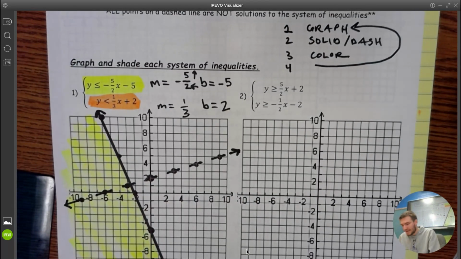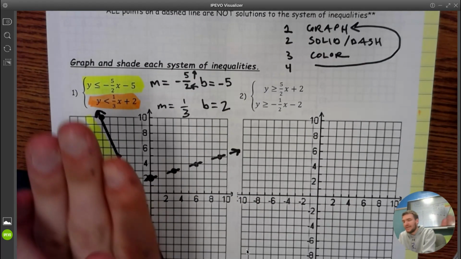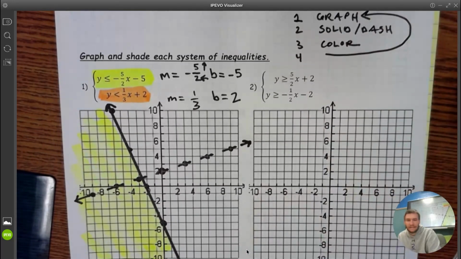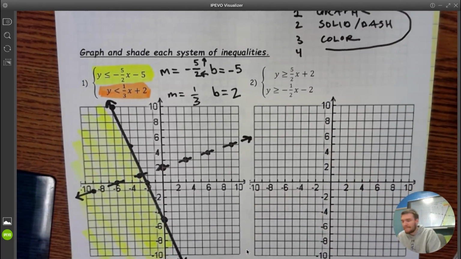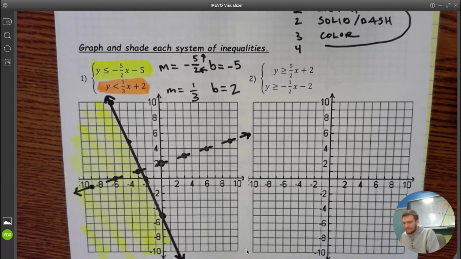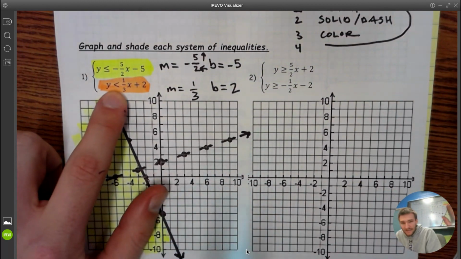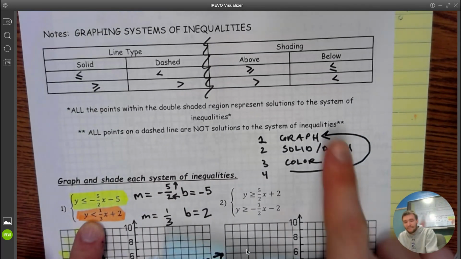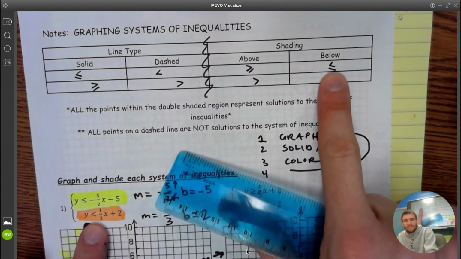And here's the thing with coloring. I'm just going to ignore the yellow. The yellow doesn't even exist to me right now. I'm only going to think about the orange. Am I supposed to be coloring above or below this line? So I see right here, it is that less than symbol. And I see that that symbol is right here in the below column.